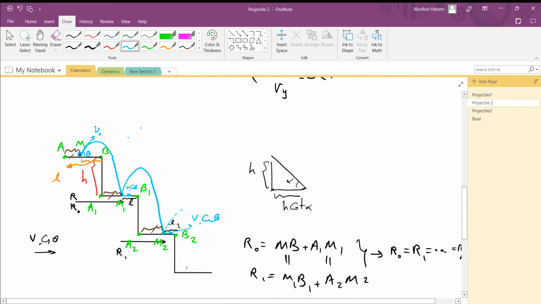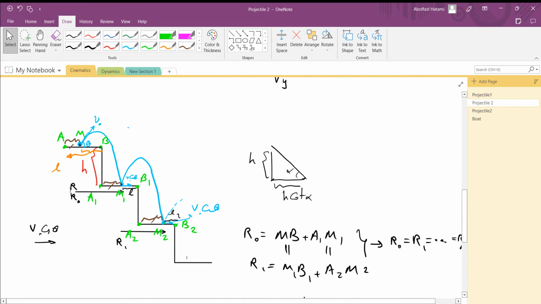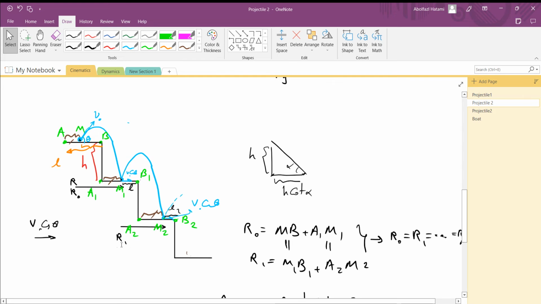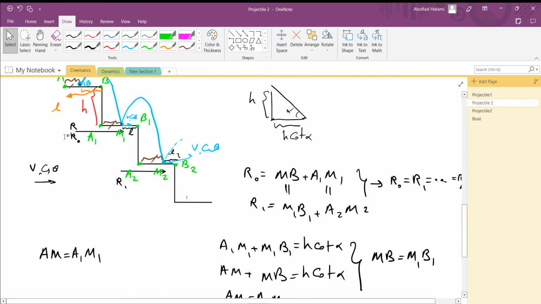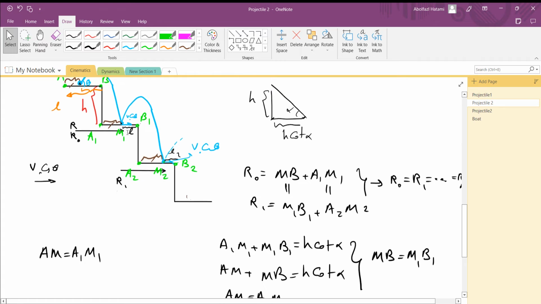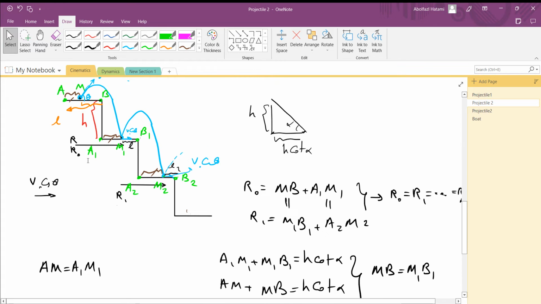So if we want r0 to be equal to r1, because our velocity in the x direction is constant, the time of our movement for each part should be equal to each other.